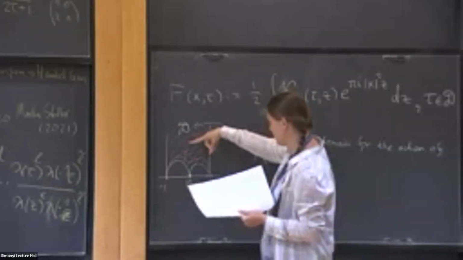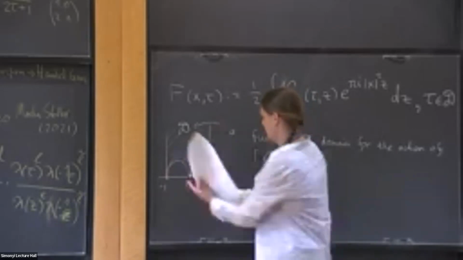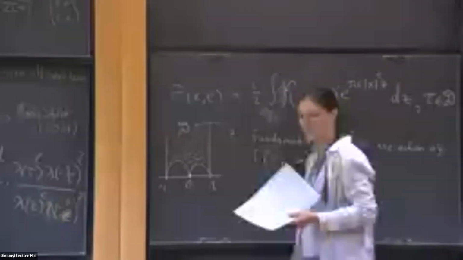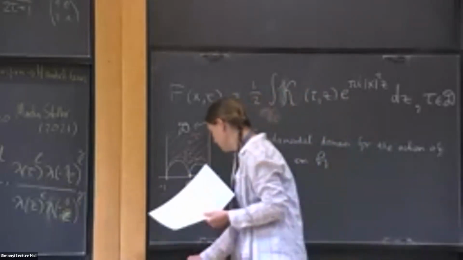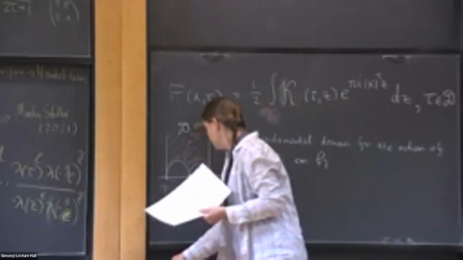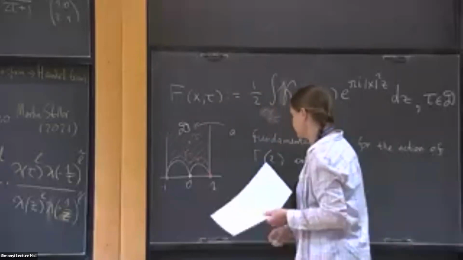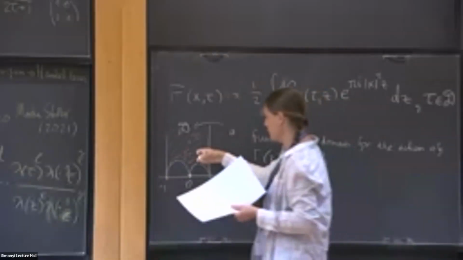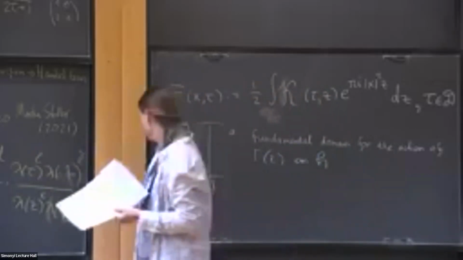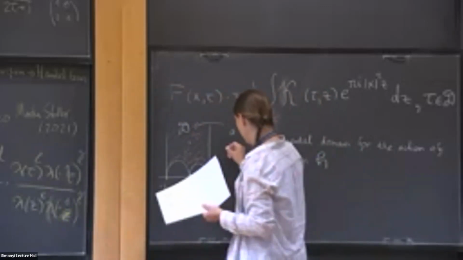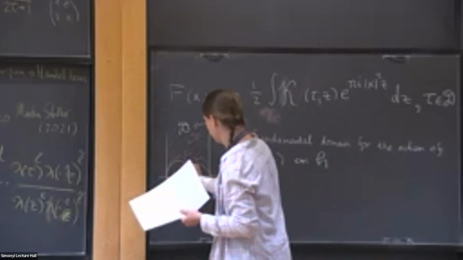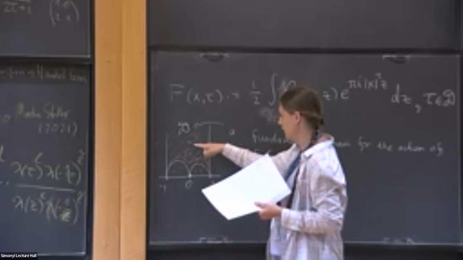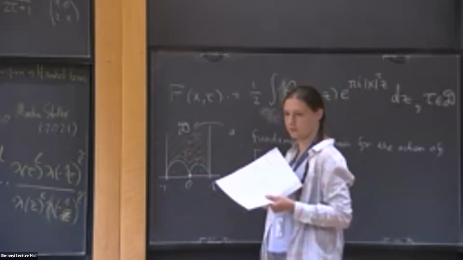For example, if our tau was here, near this cusp at 0, then we would take the path gamma tau to be lower. And also, because D is a fundamental domain for gamma 2, we see that all other poles of our kernel are either here or here. So this is the only pole of our kernel in the set D.